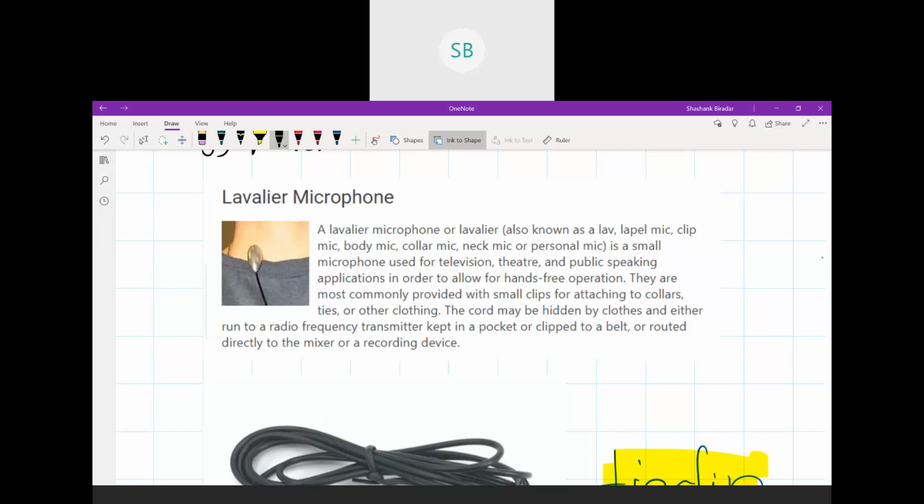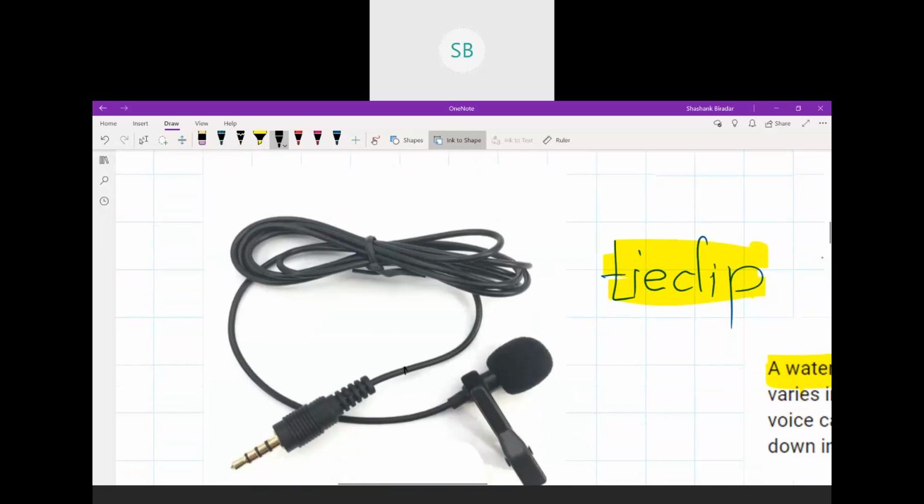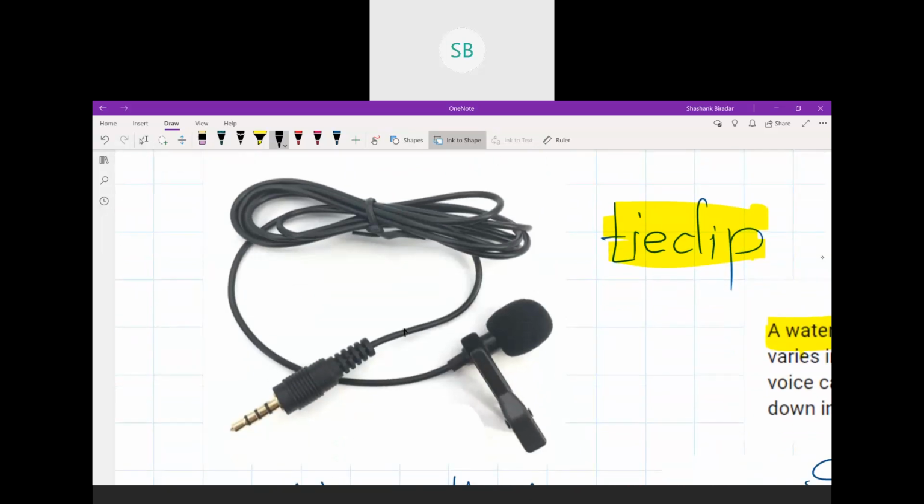And in this regard, the second is also like that. This is the tie clip microphone, in which the interface is connected to the system by means of this 3.5 mm jack.